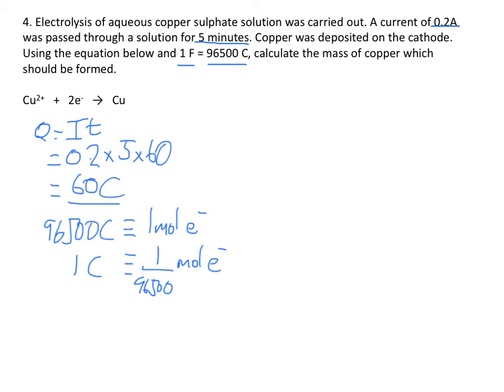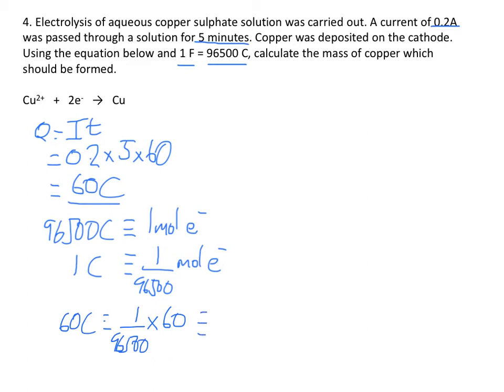Now we don't actually have 1 coulomb, we actually have 60 coulombs. So 60 coulombs of charge is 1/96,500 times by 60. That's not too neat down there, but I'm doing my best.